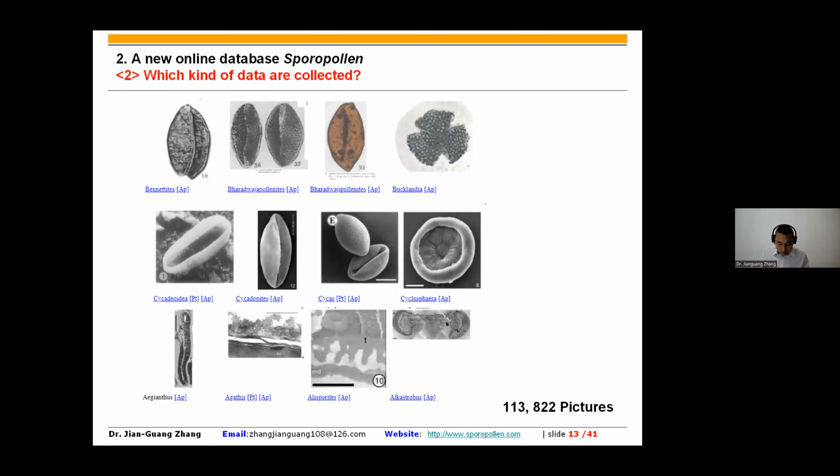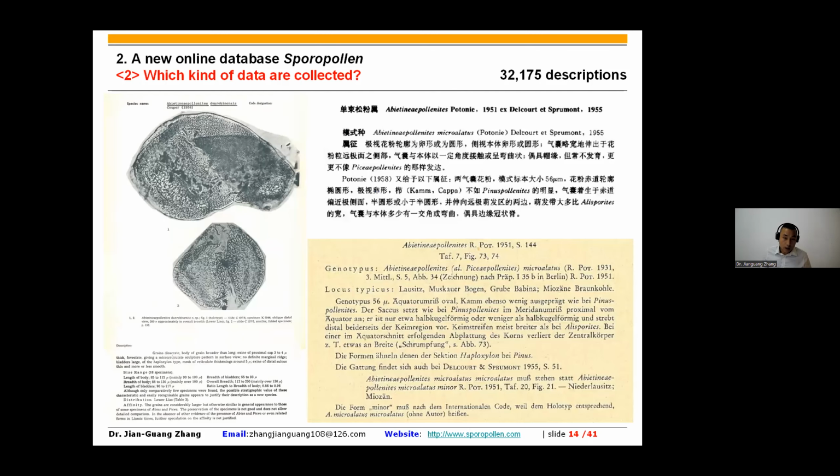They are under visible light microscope, scanning electron microscope, or transmission electron microscope. About 32,000 spore and pollen descriptions are collected. Most of them are for the holotype.